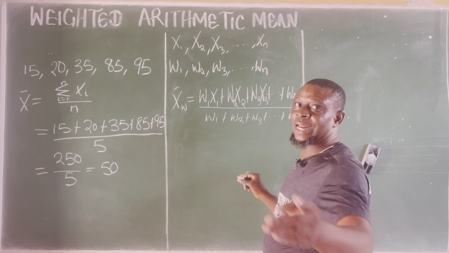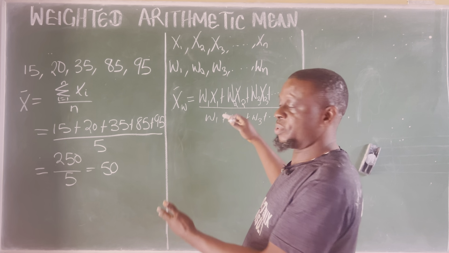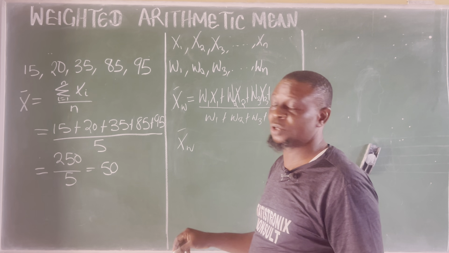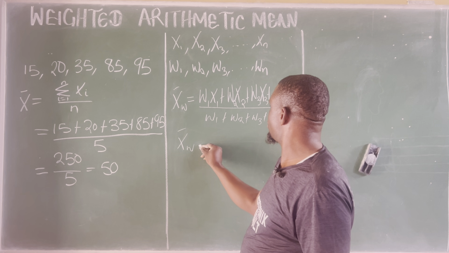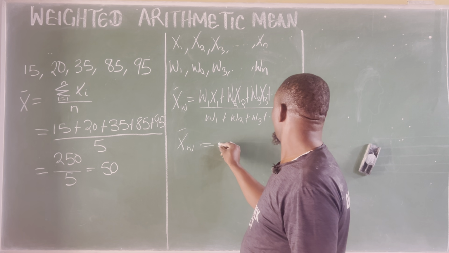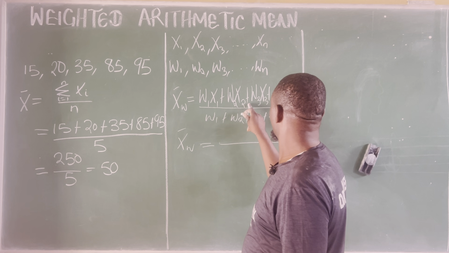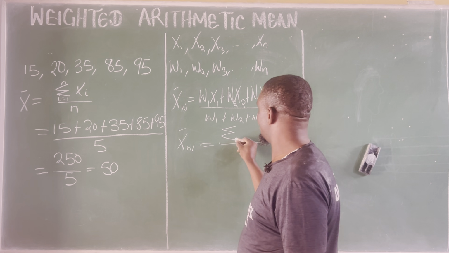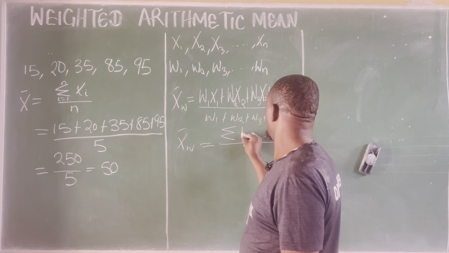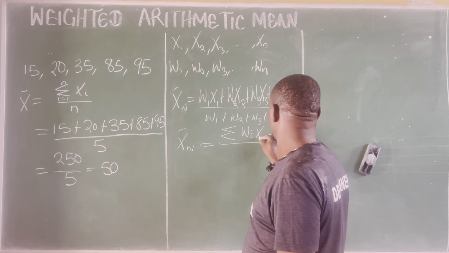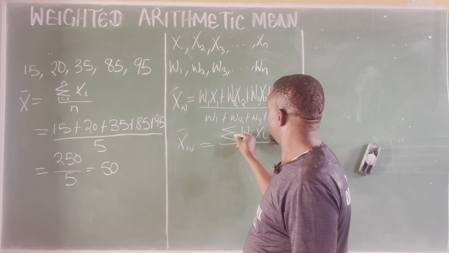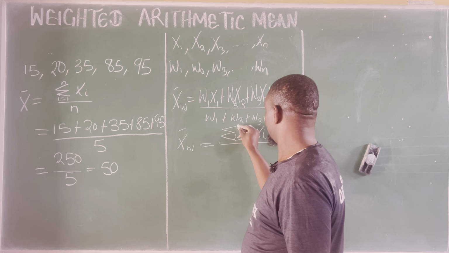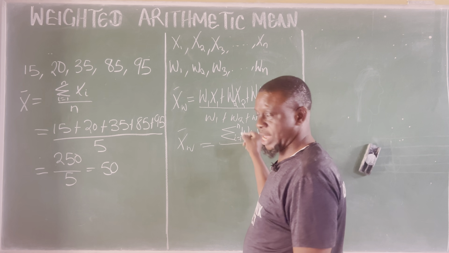Okay, so we can actually summarize this or write it as x bar W, which is our weighted arithmetic mean, as being equal to, because of this summation that we are doing here, we use our sigma and say summation Wi xi, as i goes from 1, 2, 3, up to n, as i goes from 1 to n.